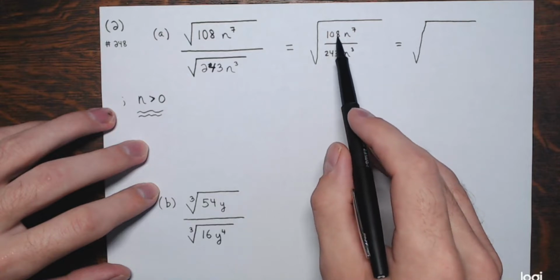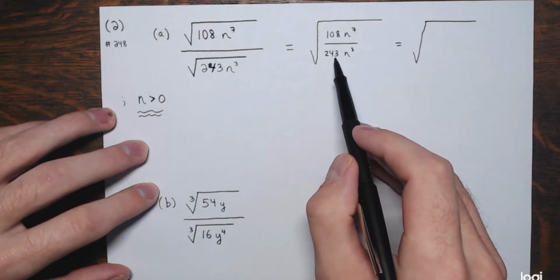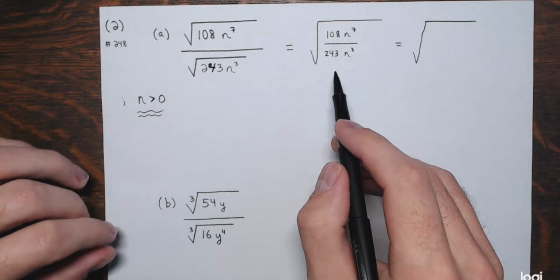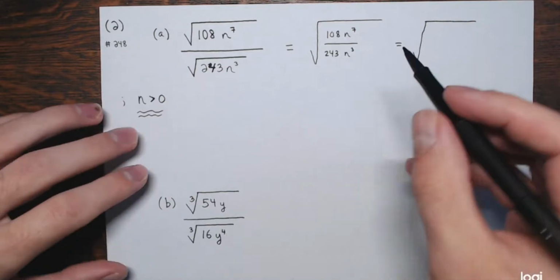This is 9 times 12. And this is 9 times 27. So that would reduce to 12/27ths, but that reduces even further to 4/9ths.